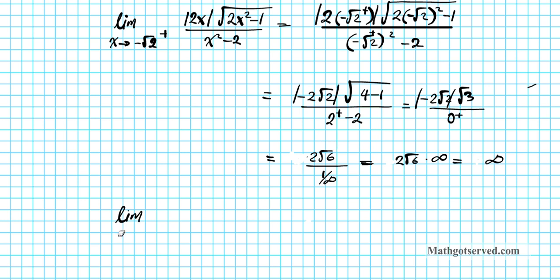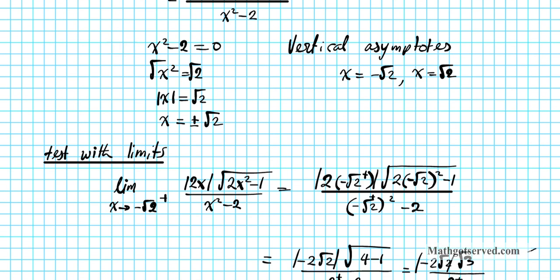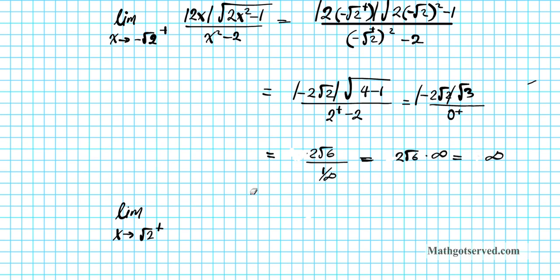So let's go ahead and test a limit from the other direction: the limit as x approaches root 2 from the right. We're testing the second vertical asymptote to see if the function approaches infinity. So the absolute value of 2x times the square root of 2x squared minus 1, over x squared minus 2. It's basically going to be exactly the same thing. The only difference is that this will be positive instead.